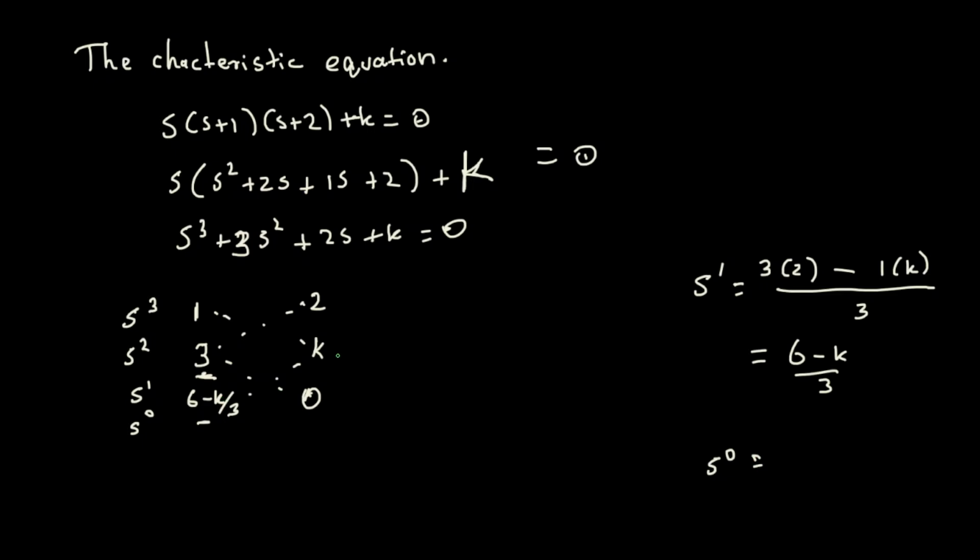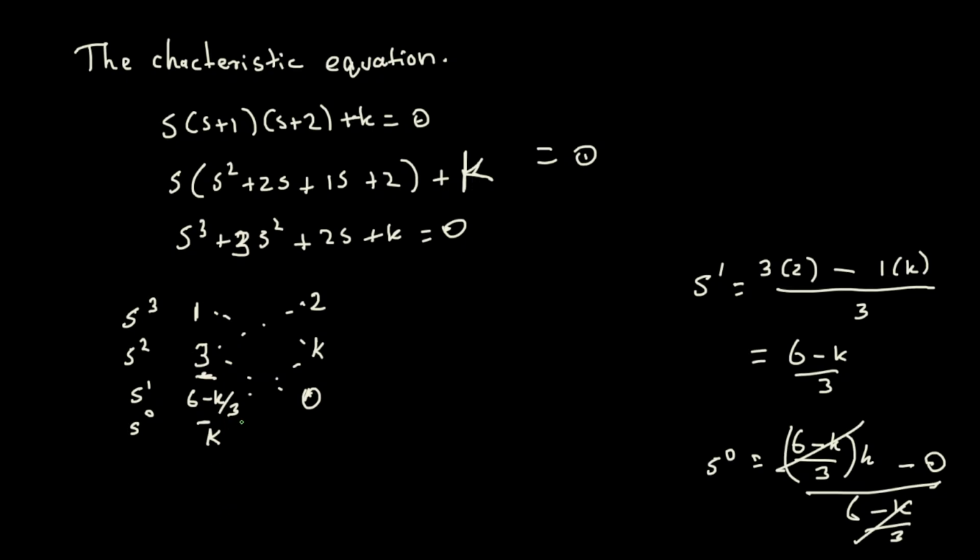So if we multiply this one with this, that is 6 minus k divided by 3 times k, and then minus 3 times 0, that is 0, divided by 6 minus k divided by 3. So from this one we can see this cancels, this is nothing so we can eliminate it, and this cancels, and then k is left, so k is the one that we have to put right here.